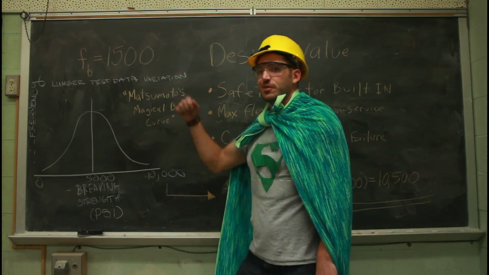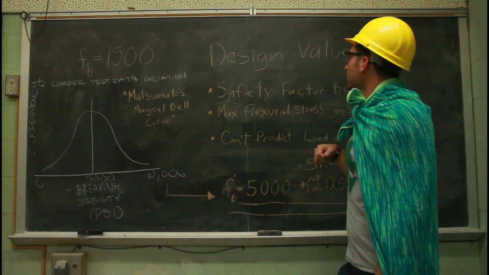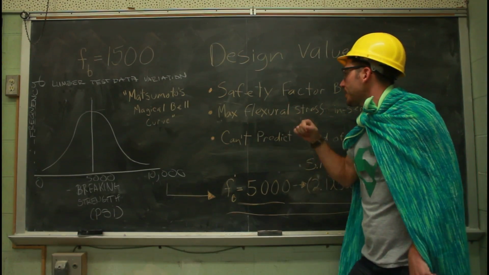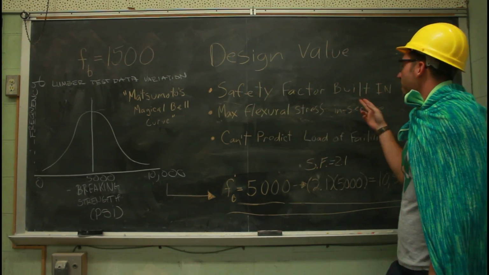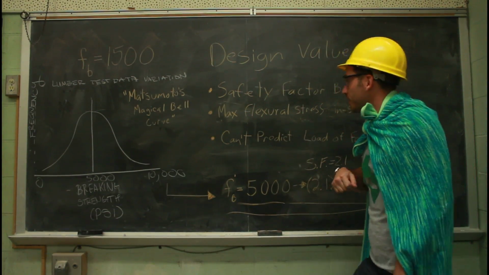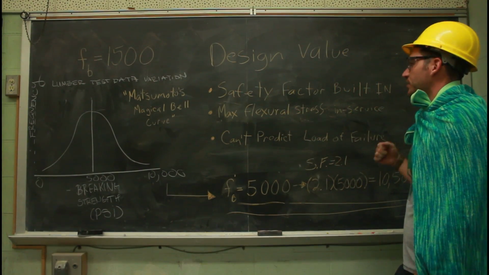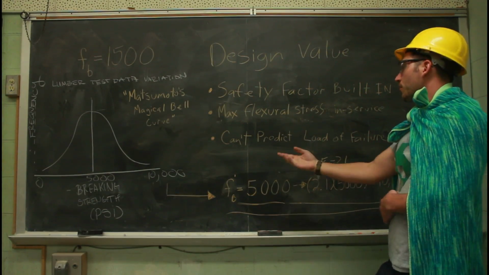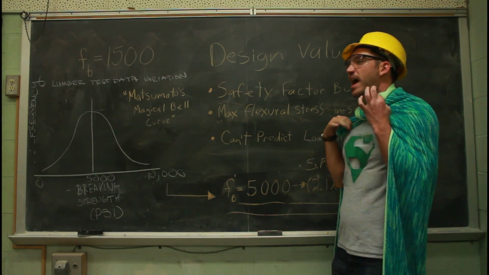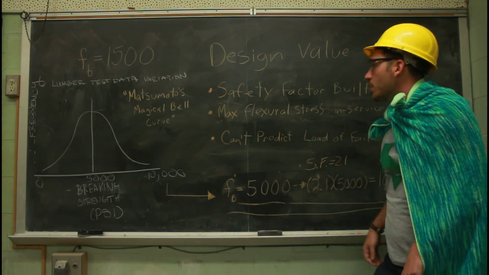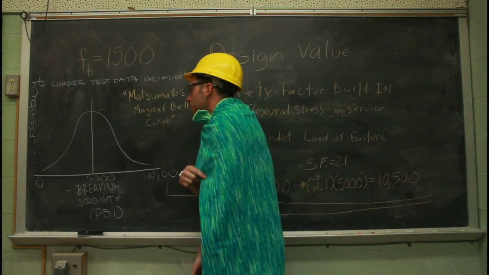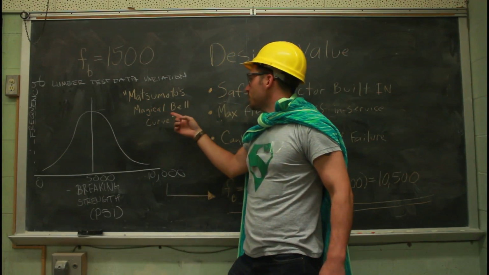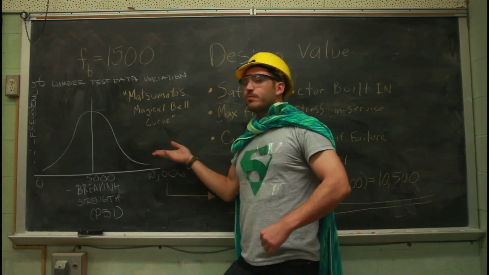You assumed this 1500 was accurate. But look, what you found was a design value. Take a look at these, why don't you? The safety factor was built into that figure. The max flexural stress that this can experience in service is that. Therefore, you cannot predict failure. What you should have done, had you been as smart as I am, Captain Safety Factor, you should have used Matsumoto's magical bell clay.